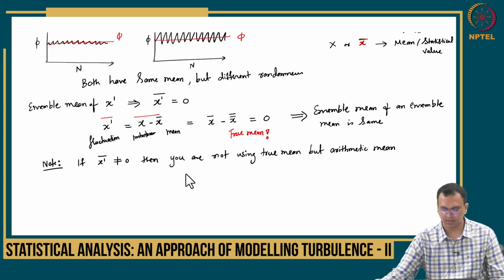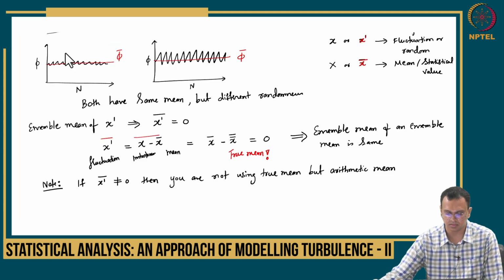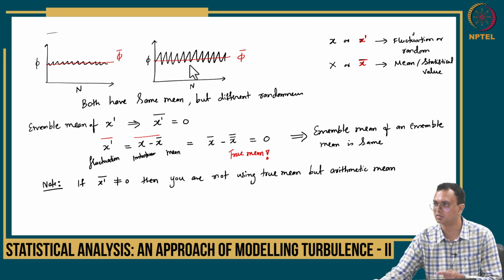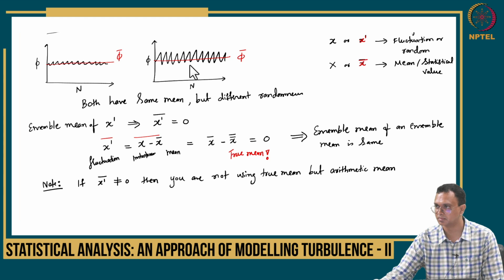Okay, so as I told you in the previous graph here, you have same mean, phi bar is same in the two signals, but the excursions about the mean is different, and therefore we need another parameter to study, that we call variance.